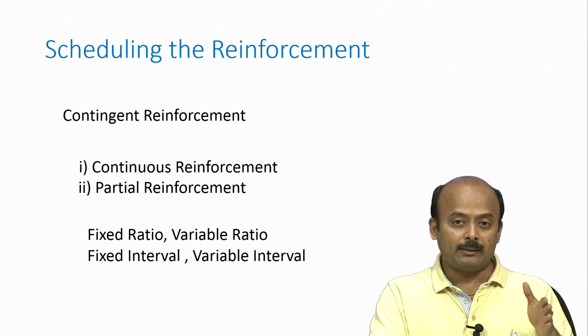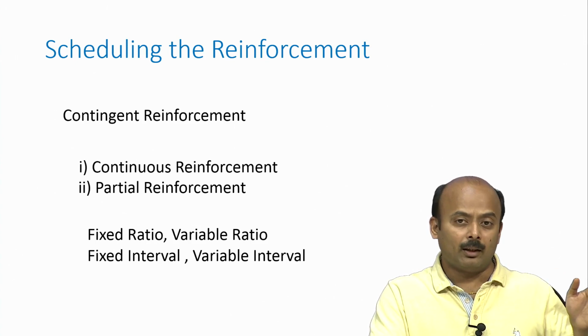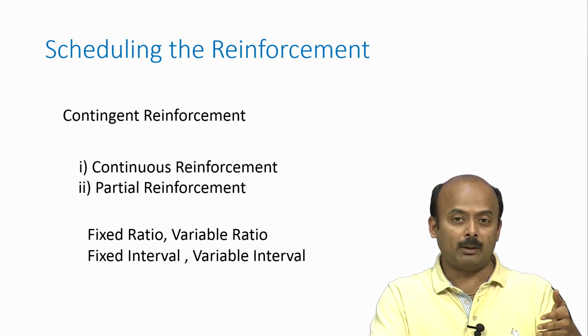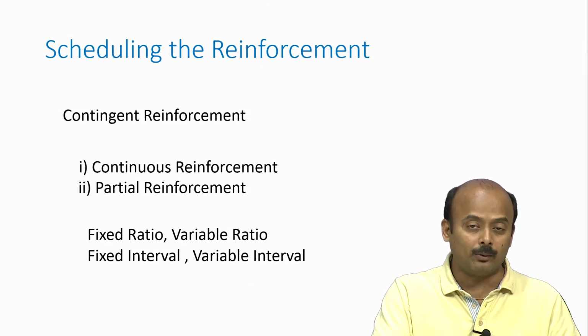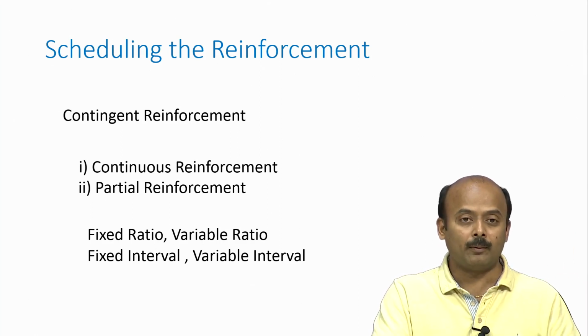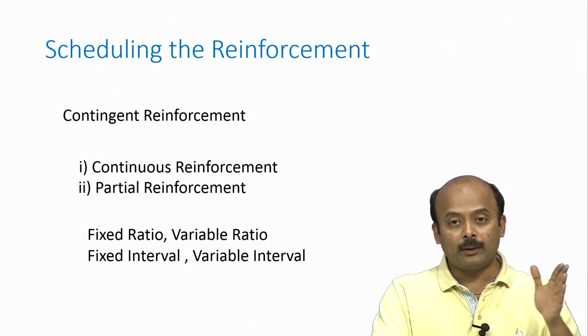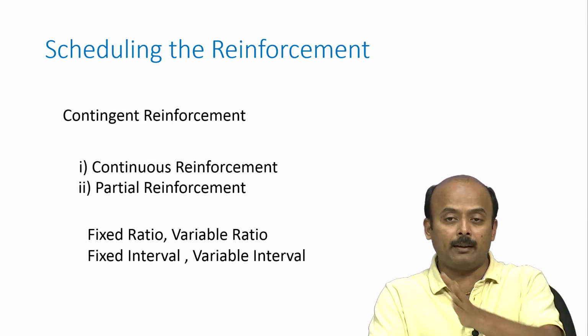So, you realize that time does not have much sense here, because the animal could take an eternity to respond that number of times. Until it responds, there is no presentation of the food. The variable ratio is a little bit tricky, where he would say it is not a fixed number every time.